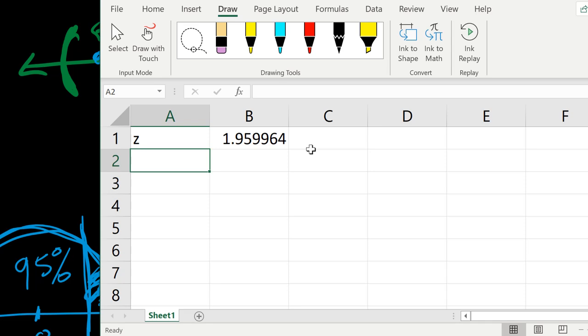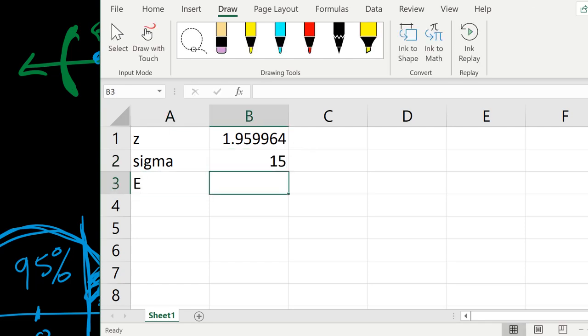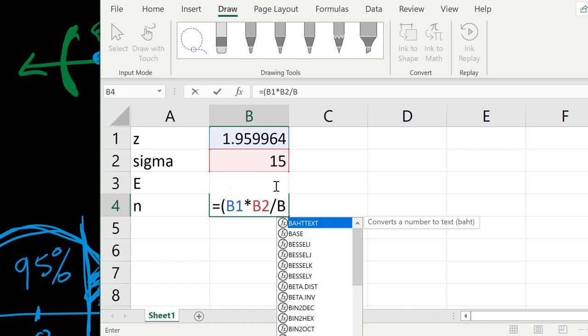All right, then another thing that we need to know is sigma. Sigma is 15. And the next thing we need is E, the margin of error, which for us is 2. So N is going to equal, open parentheses, Z times sigma divided by, looks like my cursor doesn't want to choose that, so I'll just type in B3.